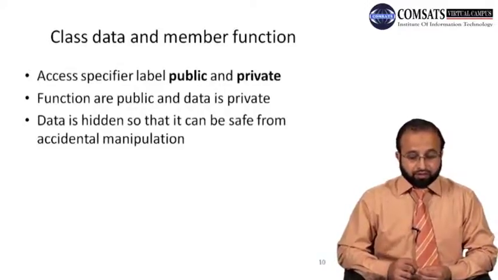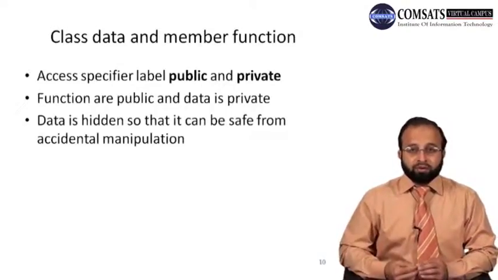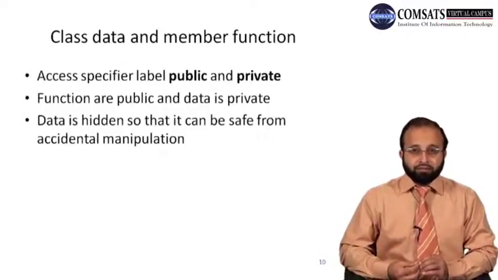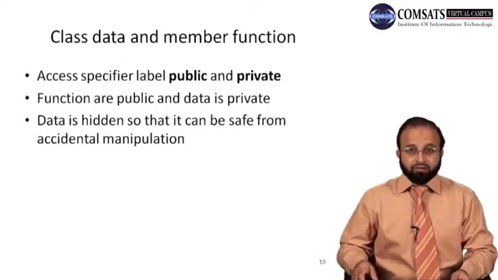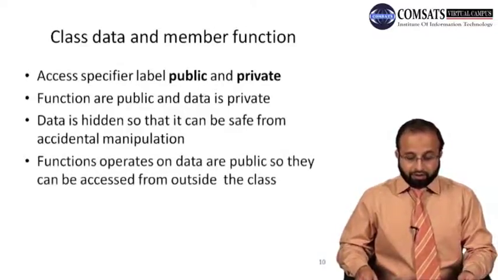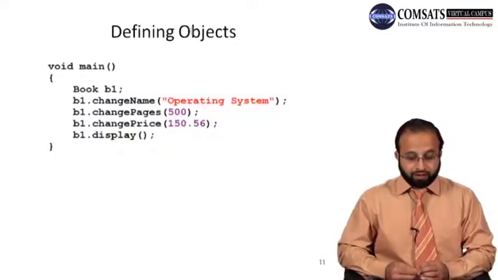So when you assign the value to the private data member of the object, you call the particular function of the class, and within that function you can validate the input. We will see how we can do this. So the functions that operate on data are public, so they can be accessed from outside the class. Defining objects. This is how we can define an object.